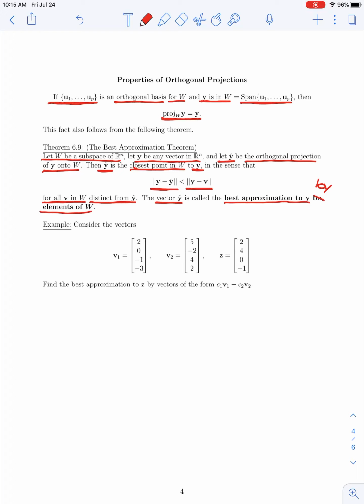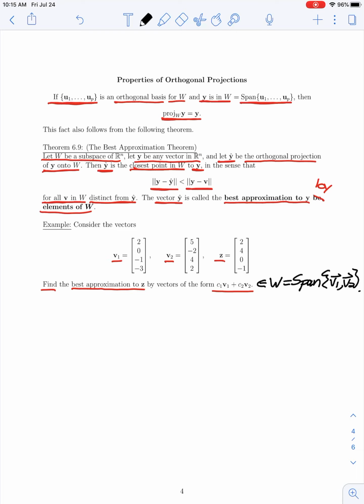So let's consider a problem in finding this best approximation. If we consider the vectors v1, v2, and z, which are vectors in R4, we are asked to find the best approximation to the vector z by vectors of the form c1 v1 plus c2 v2. That means vectors in some subspace W spanned by v1 and v2, since we're looking at vectors that can be considered as a linear combination of those two vectors.